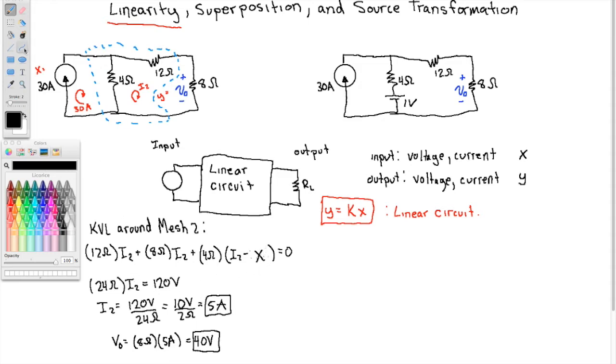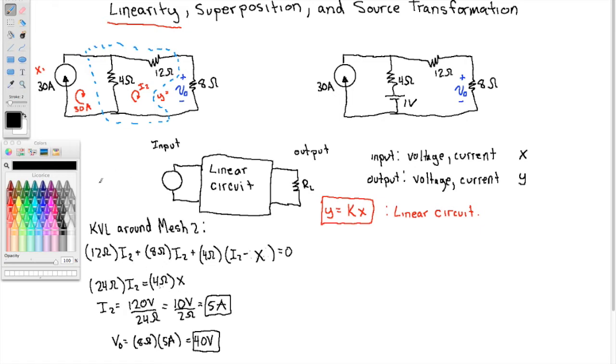Now remember I distributed the 4 ohms in and then added it to the other side, so this gave me 120 volts. But now, if I'm going to keep it in terms of X, this is going to give me 4 ohms times X, where X is in amps.